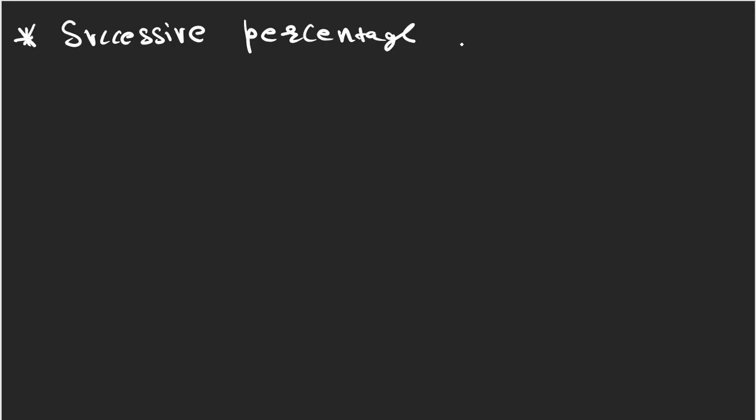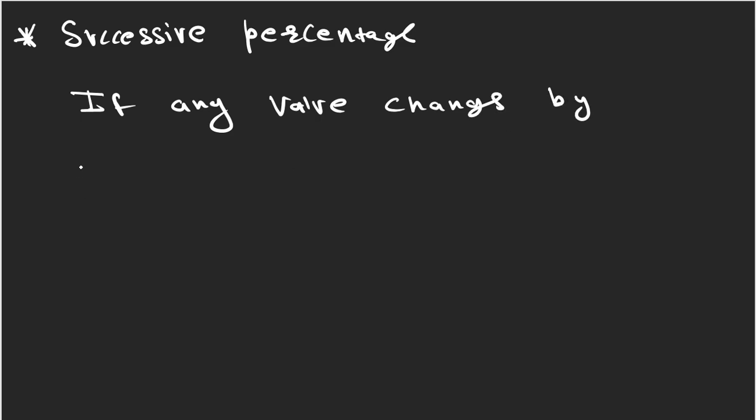Suppose that any value changes, increases or decreases, first by a percent and then by b percent. It means first it will change by a%. After the a% change, the new quantity will not remain the same. Now the original will be the changed quantity.